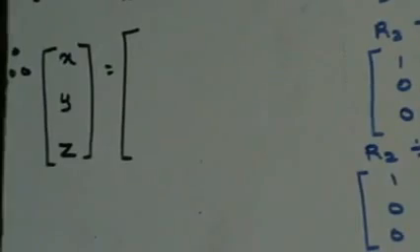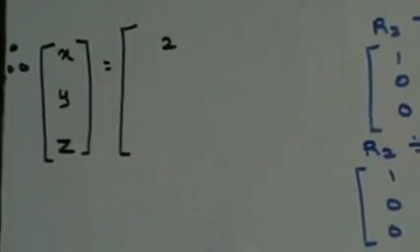Therefore you can say that X, Y, Z is going to be equal to, this is 9 by 4 minus 8 by 4, minus 1 by 4, that's 8 by 4, which is going to be equal to 2.